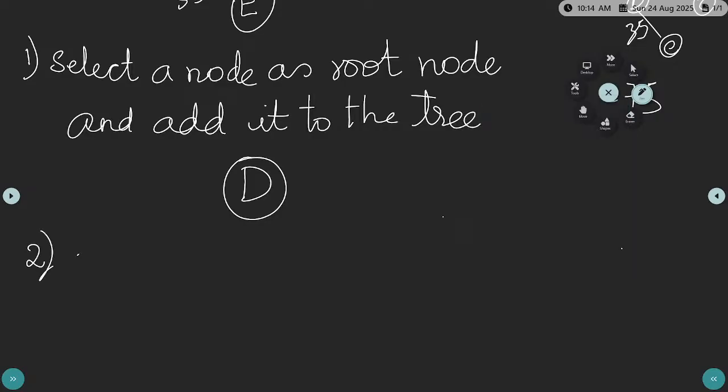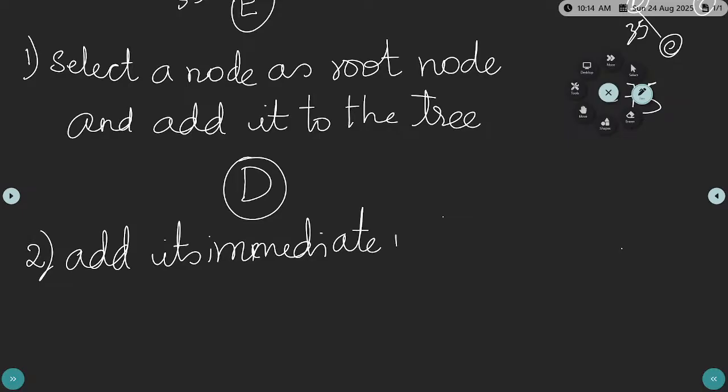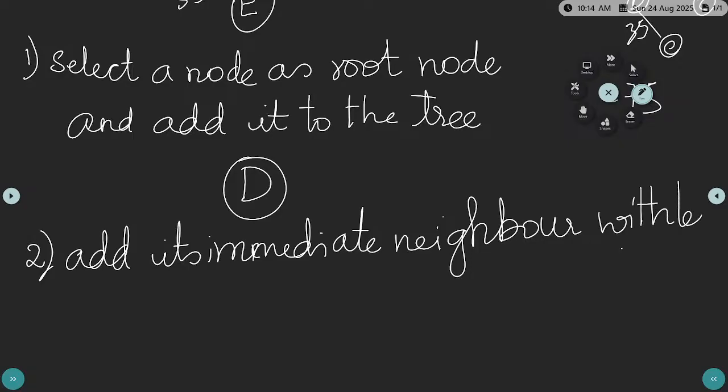Add its immediate neighbor with least cost. Now what is the least cost for D?